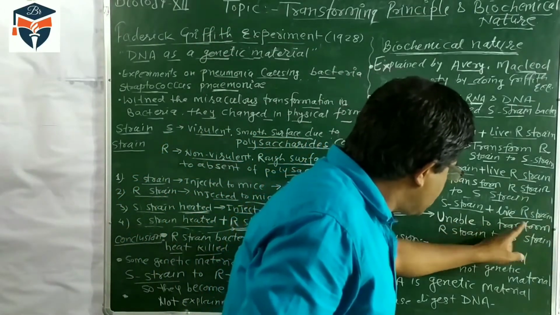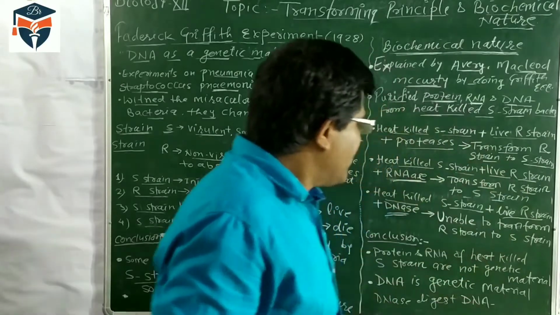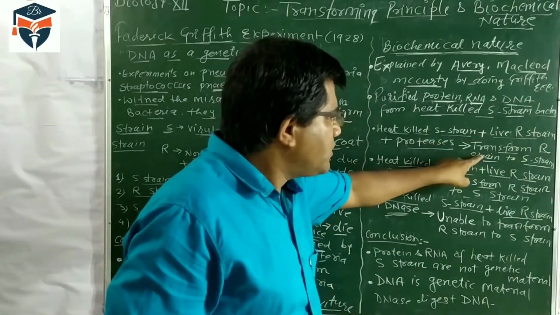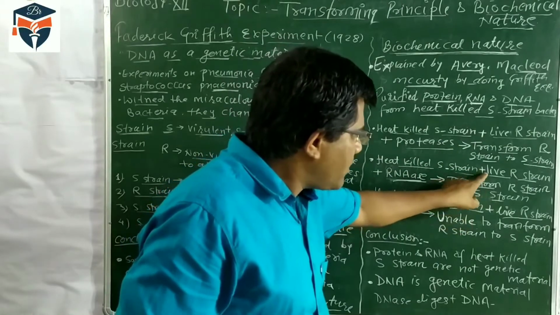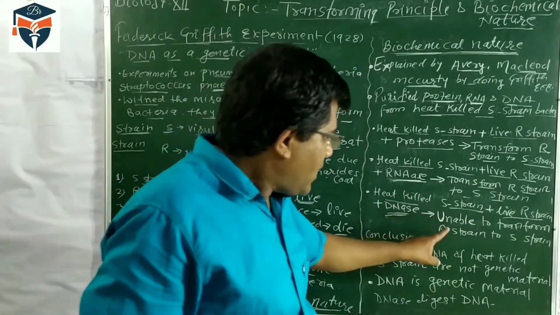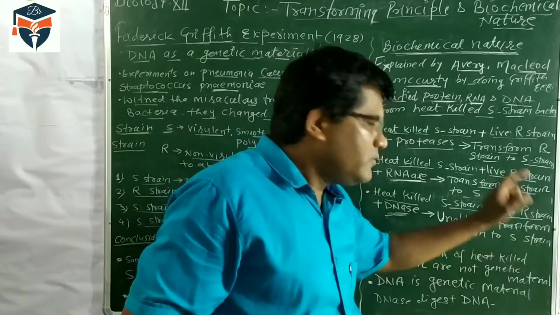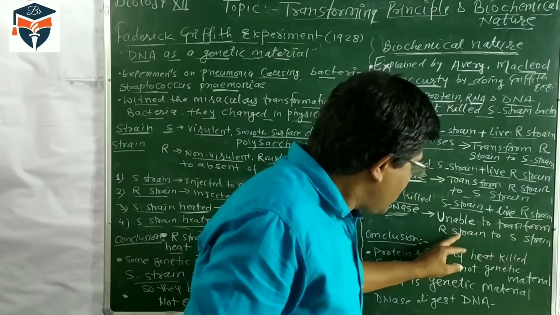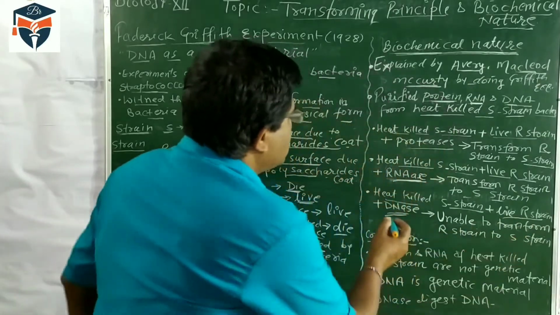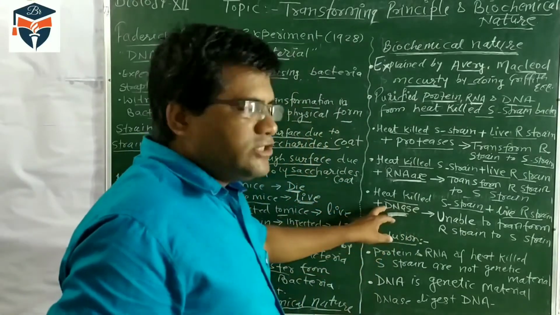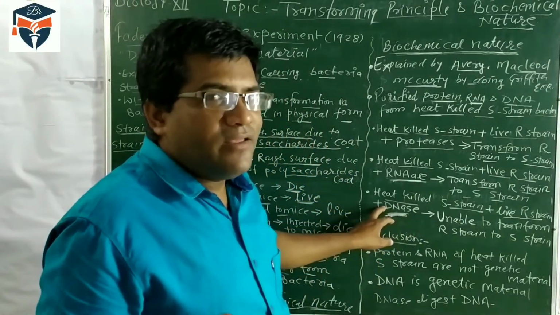It is unable to transform R to S. In the two earlier cases, R was changing to S, but when DNase is added, R is not changing to S. It means the DNase enzyme is digesting the DNA.